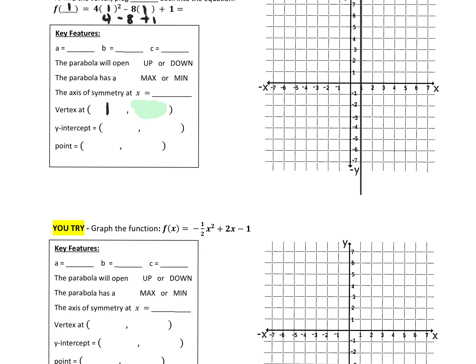And so if you do 4 minus 8, you get -4 plus 1. That's -3. So this equals -3. So the vertex is 1, -3. So let's just plot that. That's 1 and -3. So it's down here. That's the vertex. Okay, so far so good.